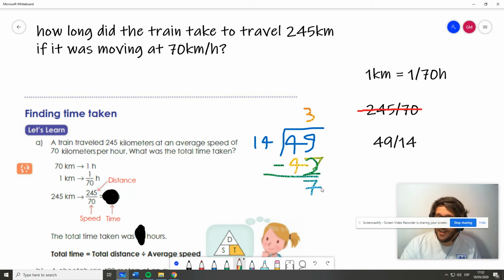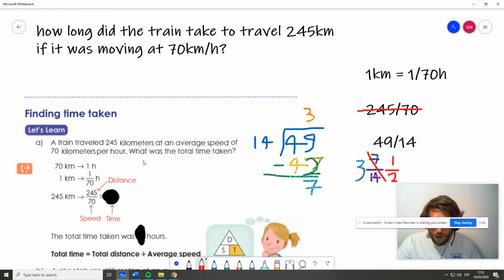So that's 3 as the whole number and 7 14ths. Can I simplify 7 14ths? Yes, I can. I can simplify it to 1/2.